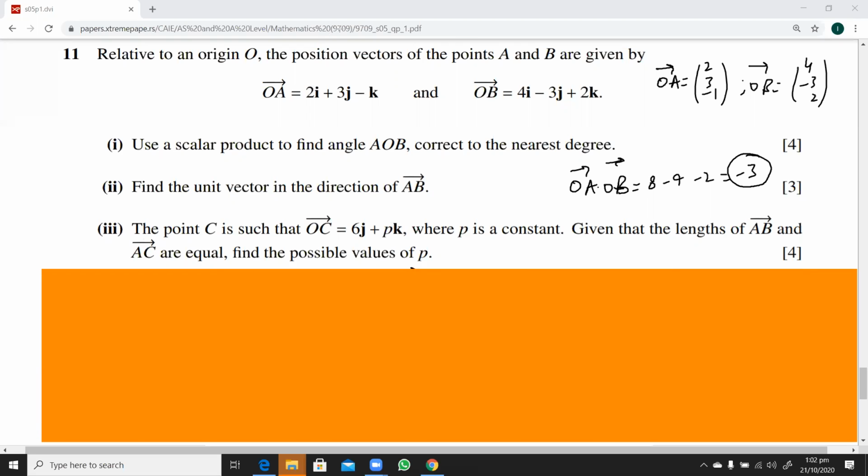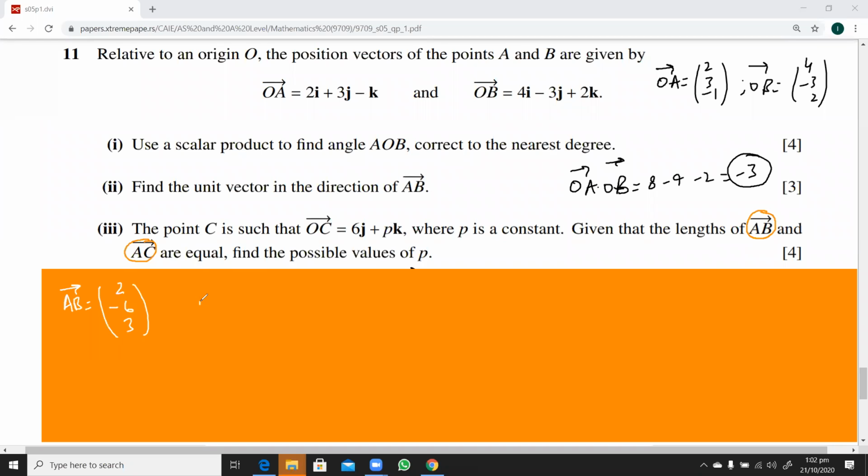Look at this, we're given that AC and AB are equal. What was that vector AB I just found? Can someone tell me? The vector 2, minus 6 and 3. Thank you, beta, God bless you.